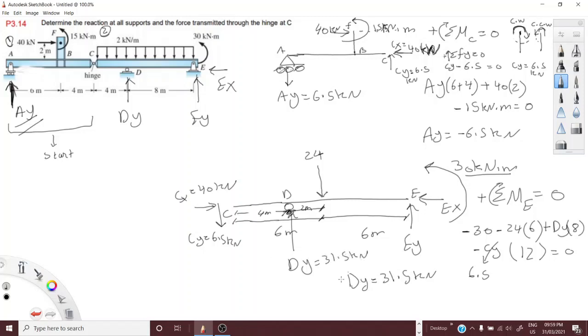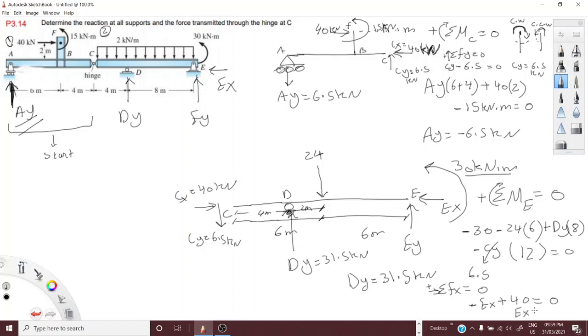31.5 kilonewton. Now we need to find Ex. Actually Cx is 40 kilonewton, because you can do the summation of Fx equals 0. So minus Ex plus 40 is equal to 0.